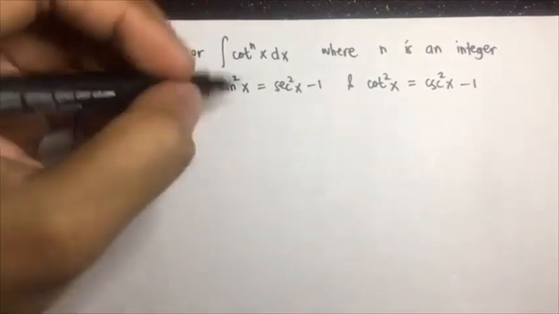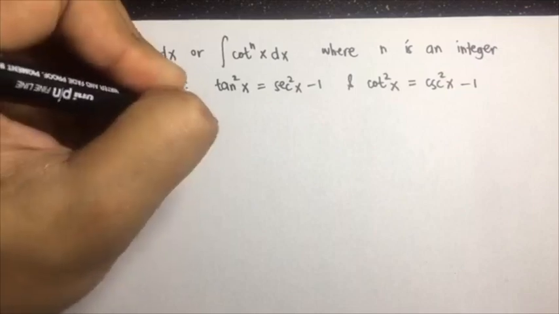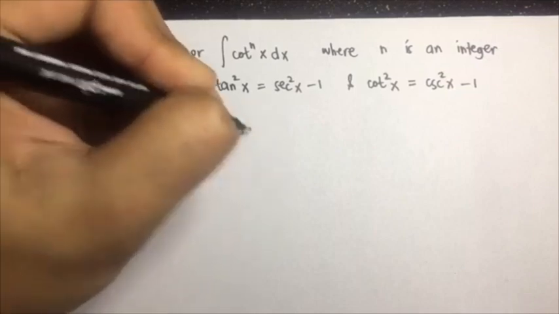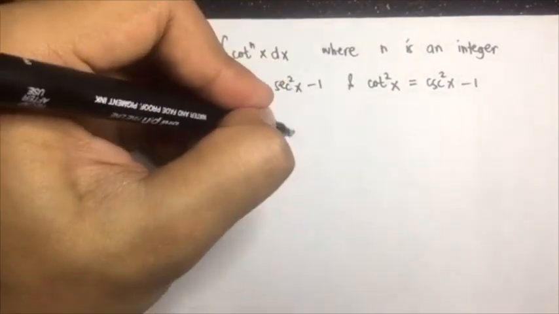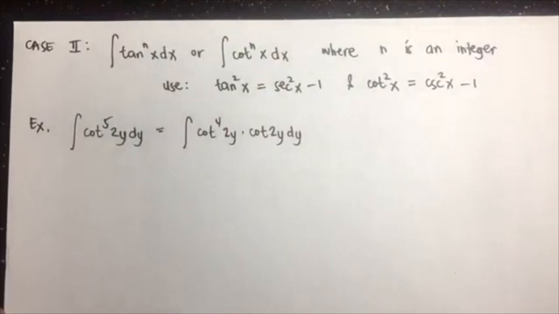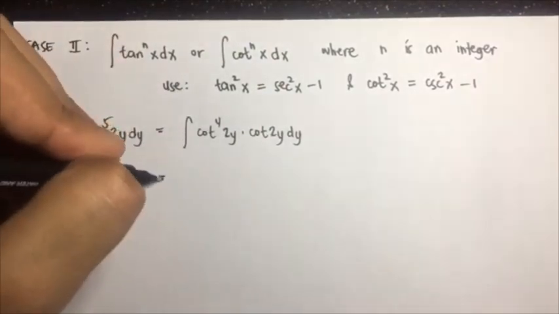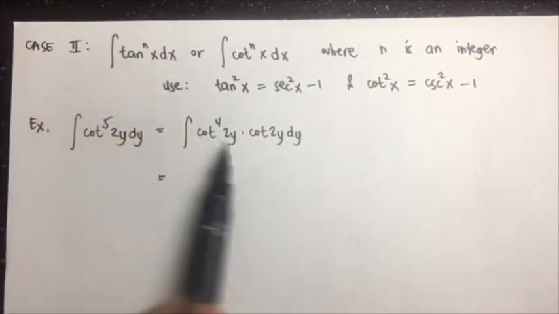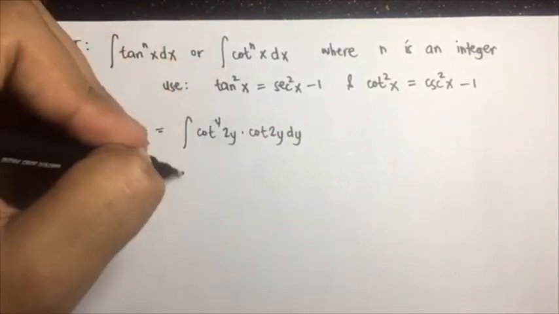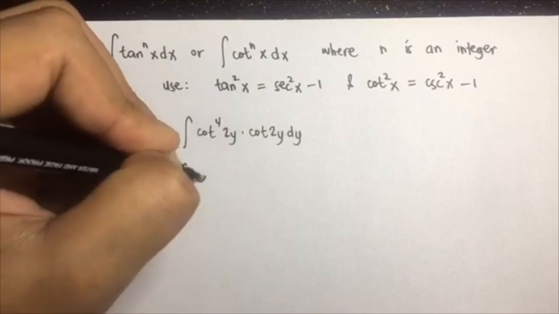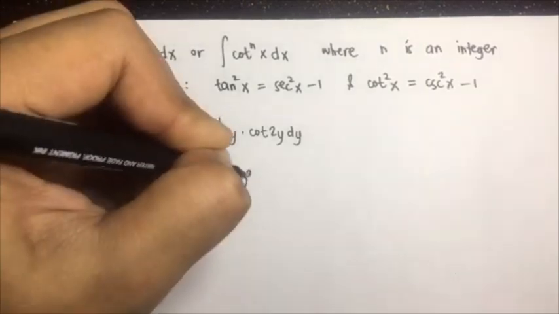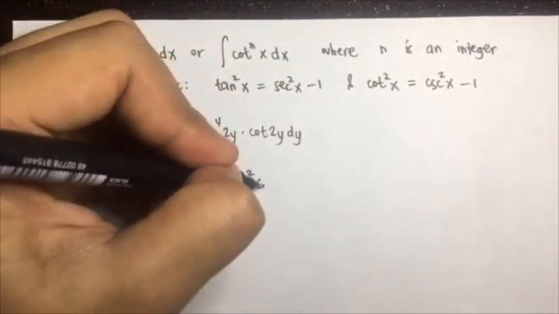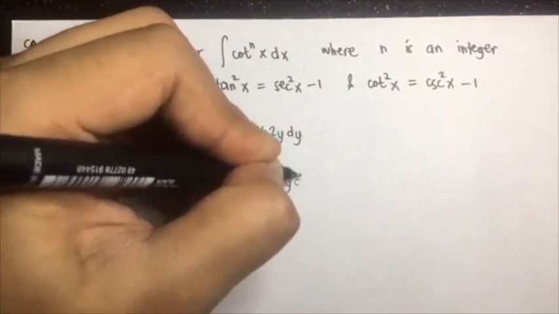So this will become the integral of cotangent to the 4th of 2y times cotangent 2y dy. Okay, and then this cotangent to the 4th is also equal to cotangent squared of 2y squared, times cotangent 2y dy.